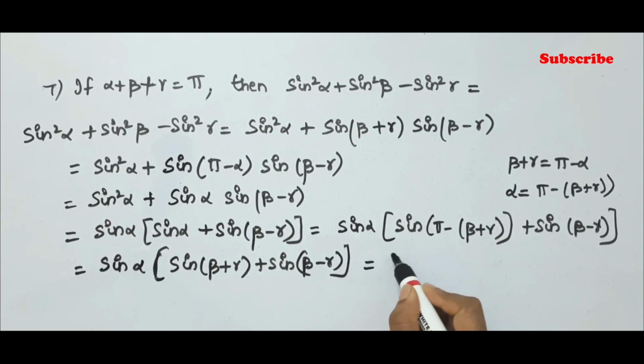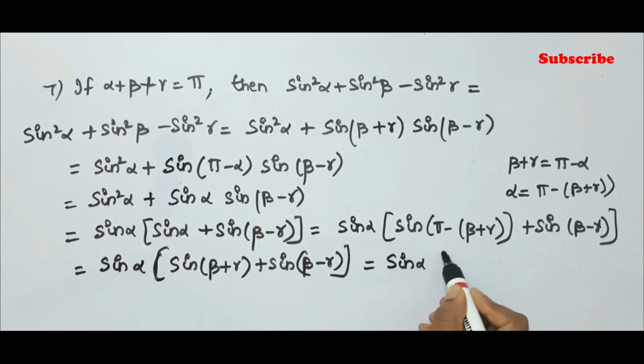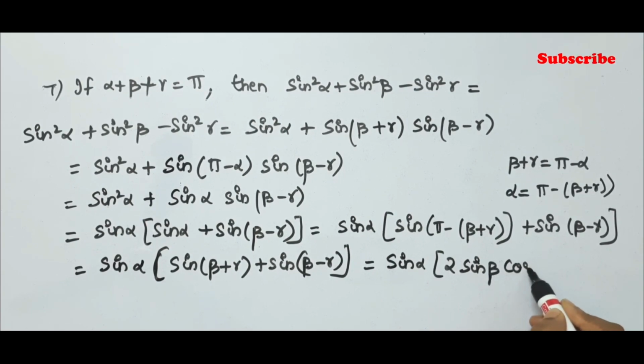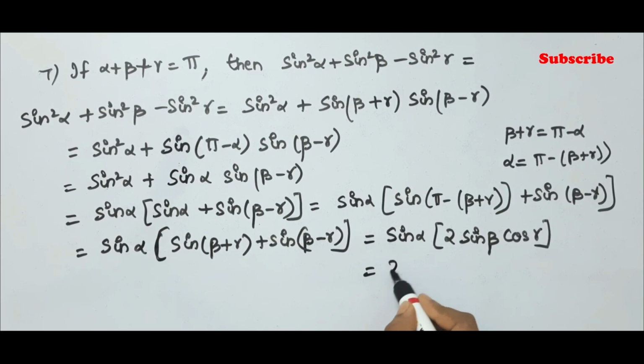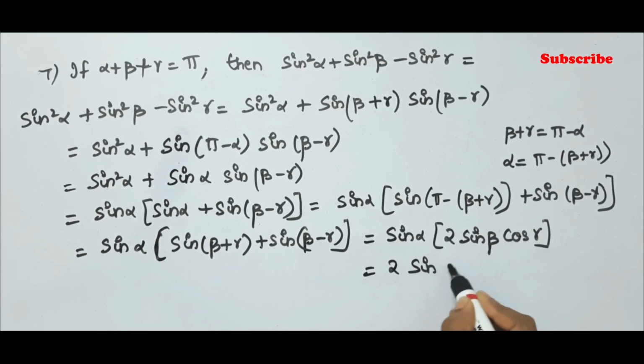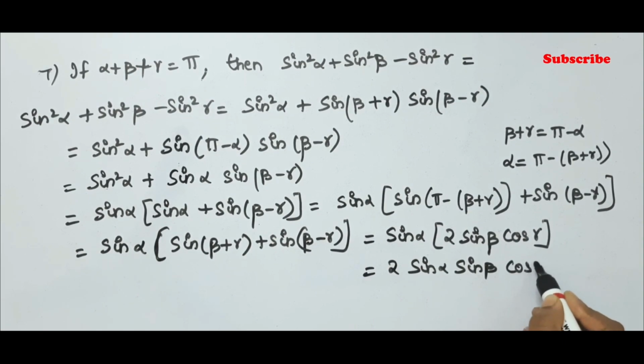This can be expressed as sin alpha into 2 sin beta cos gamma. This is addition, is it not? So we will get sin beta cos gamma. So the final answer is nothing but 2 sin alpha sin beta cos gamma. This is the final answer.